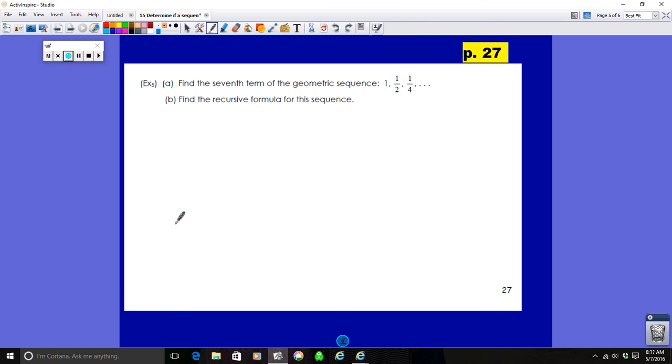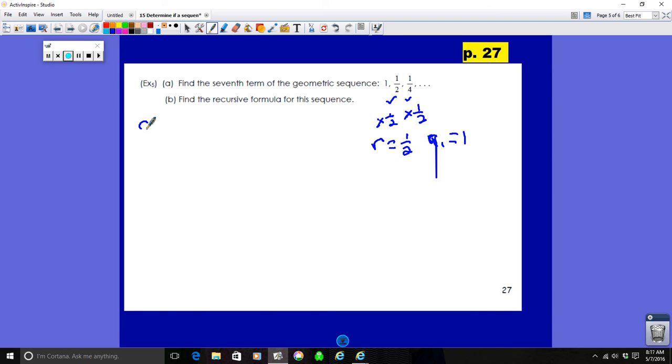At the bottom, we are finding the 7th term of the geometric sequence. Again, if they didn't tell you it was a geometric sequence, we are multiplying by 1/2. Okay, so our common ratio is 1/2. Our first term, wow, look at that go. First term is 1.